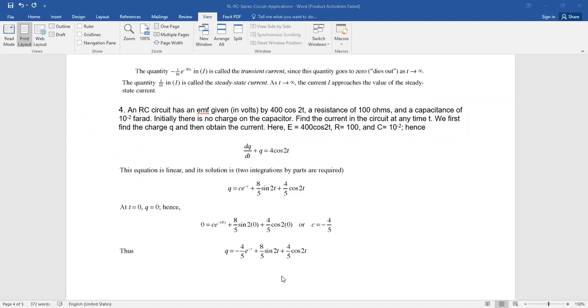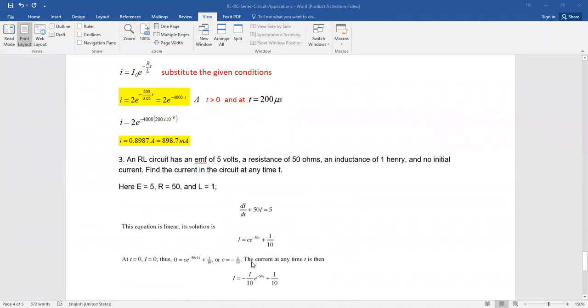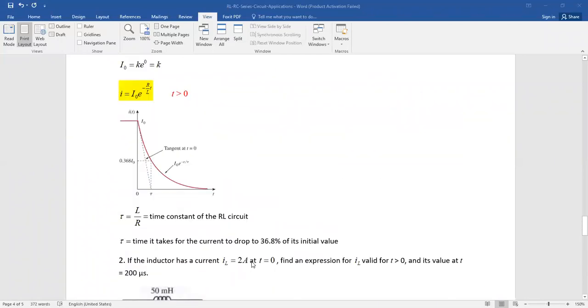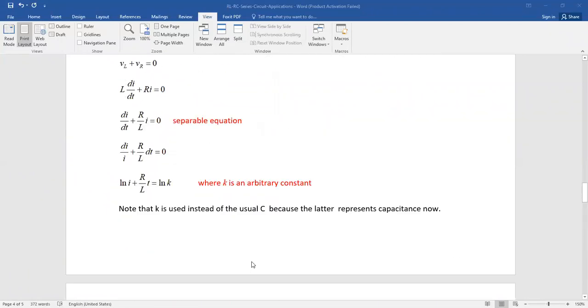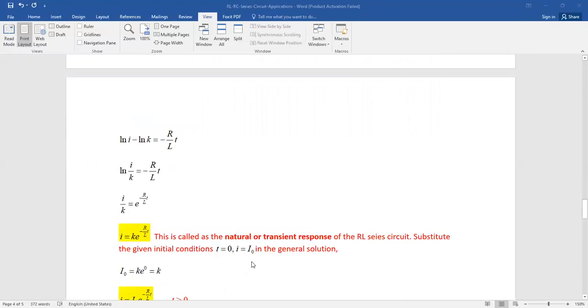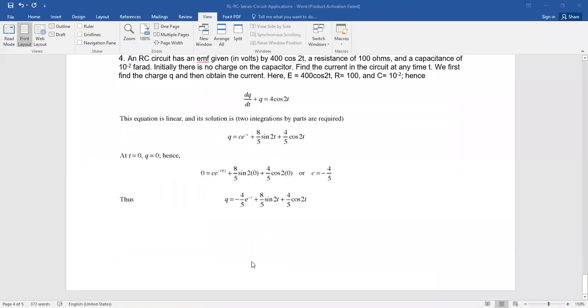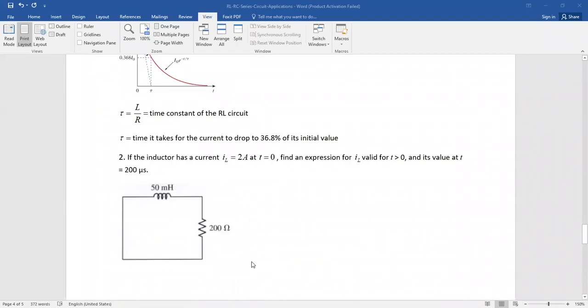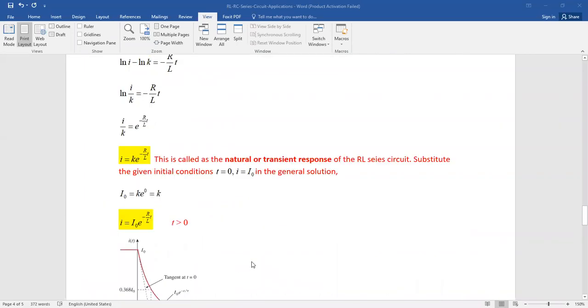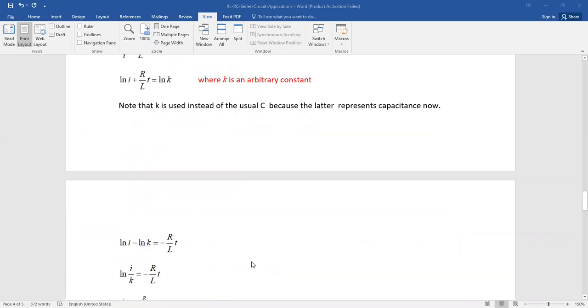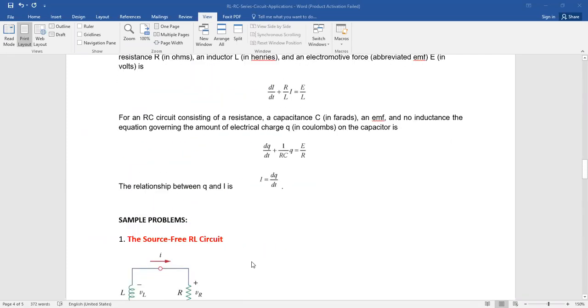How do you find the current? You go back to this. You already have Q. I is equal to dq dt.